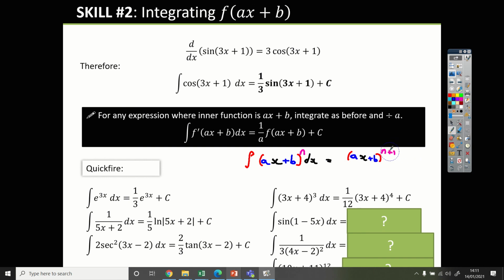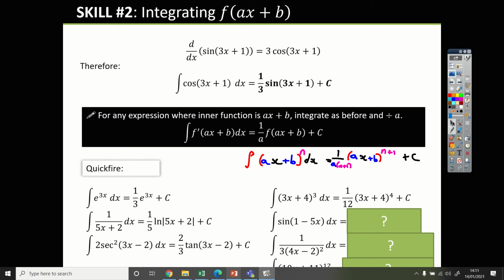So raise the power up by 1, divide by the new power, and divide by a. So you're going to have 1/a lots of n plus 1 at the front. That's dividing by a, and this is dividing by n plus 1. And then plus c as well. So that's a special case if you want to refer to it. Remember to divide by these things.